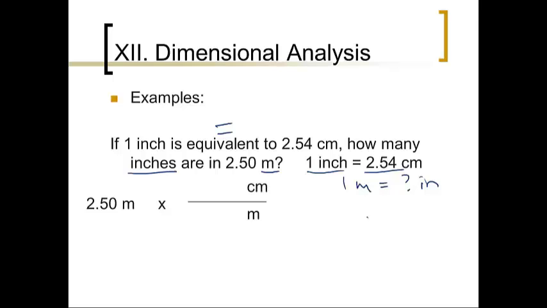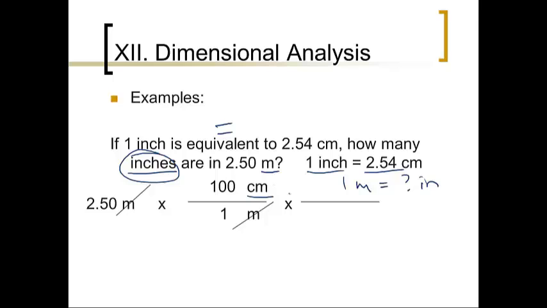Now, this equality isn't written down, but you should know it. 1 meter is equal to 100 centimeters. Cancel out the units. We will now have the units of centimeters. That's not what we want. We want inches. So you can go forward and do multiple steps. Keep going until you get the units that you want. So on the bottom, I have centimeters.